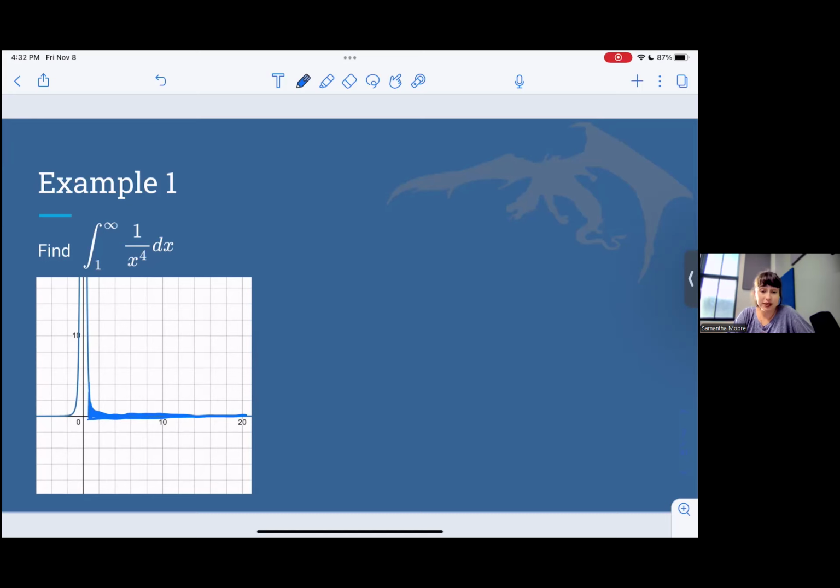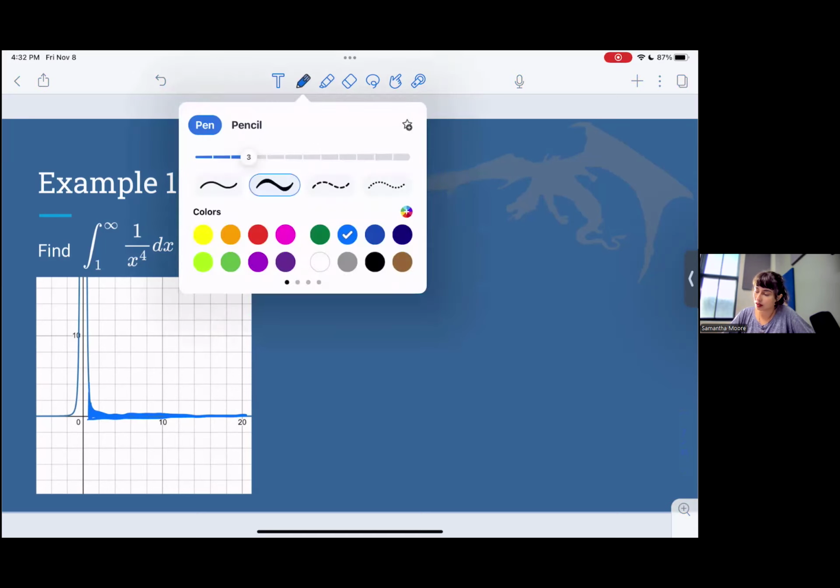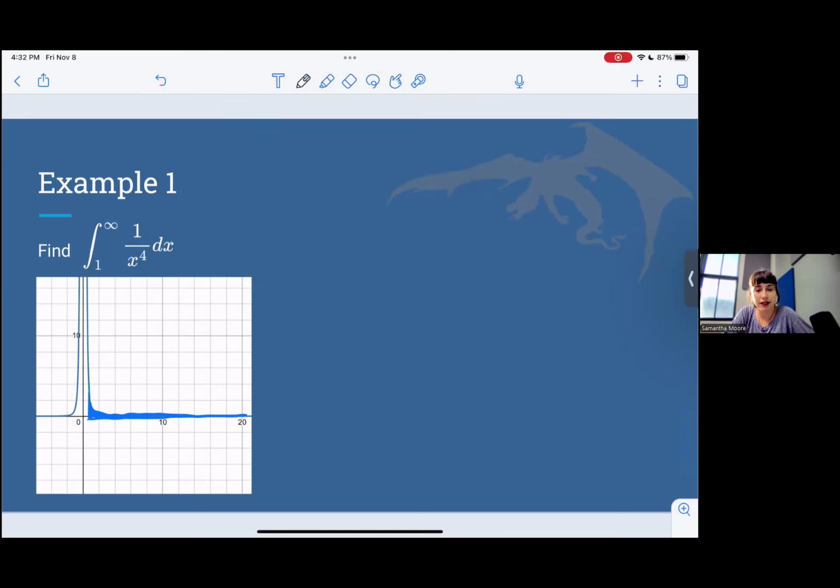Obviously this is an improper integral because I've got infinity as one of my bounds. And so that's the thing that I replace by a limit, since that's my issue. So I should really think about letting my bounds get closer and closer to infinity, and I'm instead just going to integrate up to a.